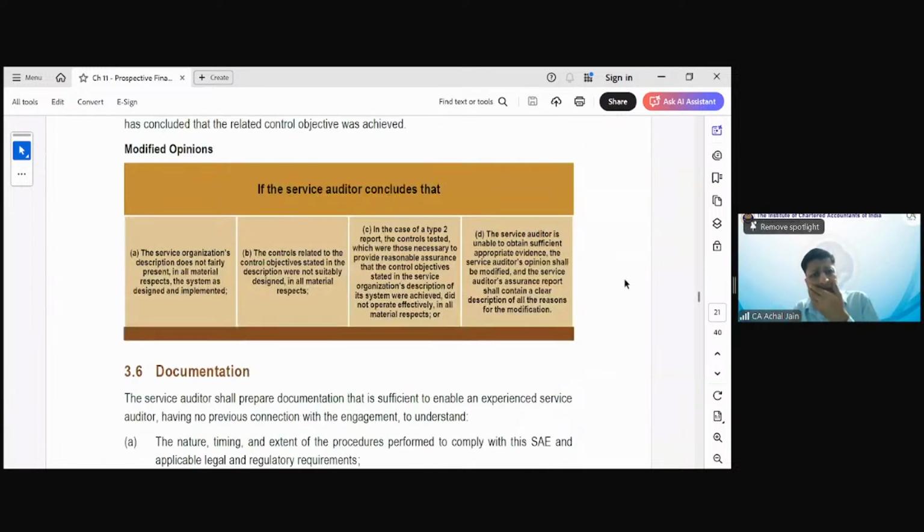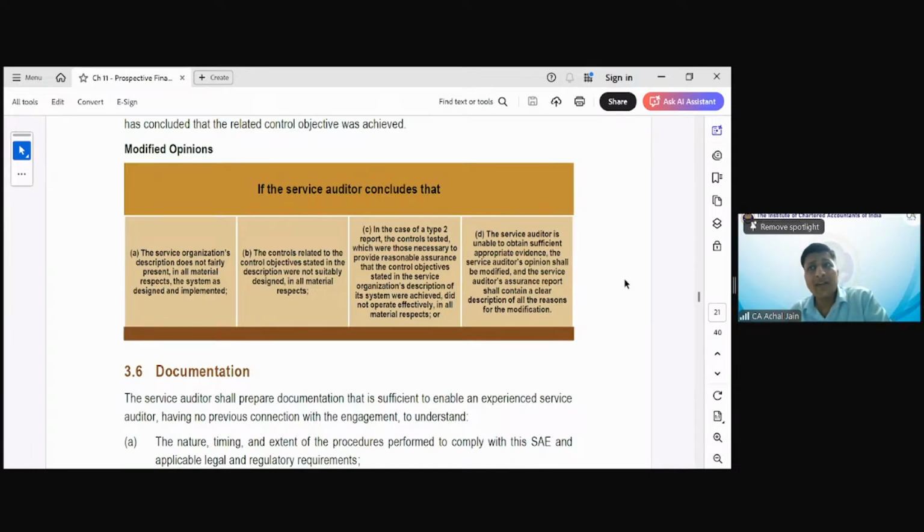For type 2, I think we have already talked about what are going to be the things. Now, if the service auditor concludes that the service organization description does not fairly present in all material respects the systems as designed and implemented, controls related to control objectives were not suitably designed, controls tested did not achieve, or they were not operating effectively, what will the service auditor do?